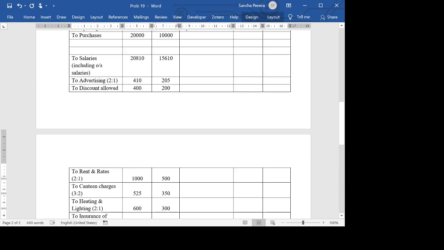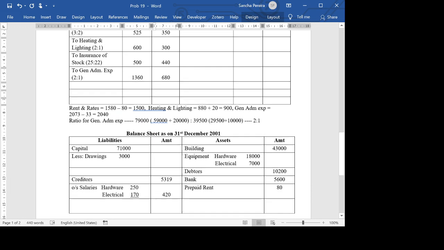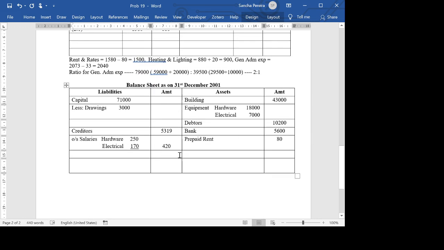So we have posted, I think I've missed some outstanding expenses. Yes, I did not mention this outstanding heating and lighting. I will mention that. Outstanding heating and lighting, sorry, I forgot that. Outstanding heating and lighting is 20.